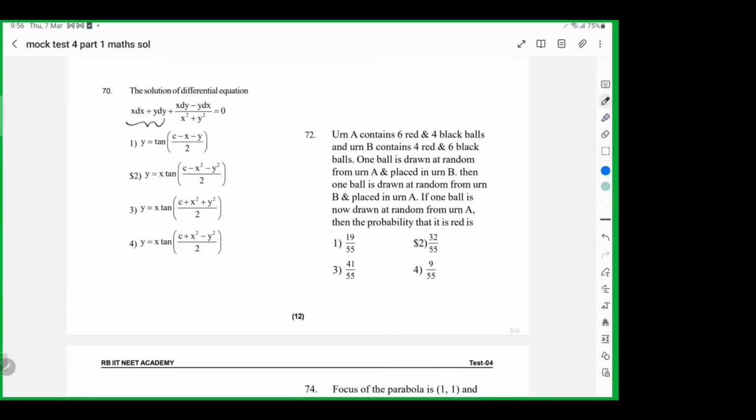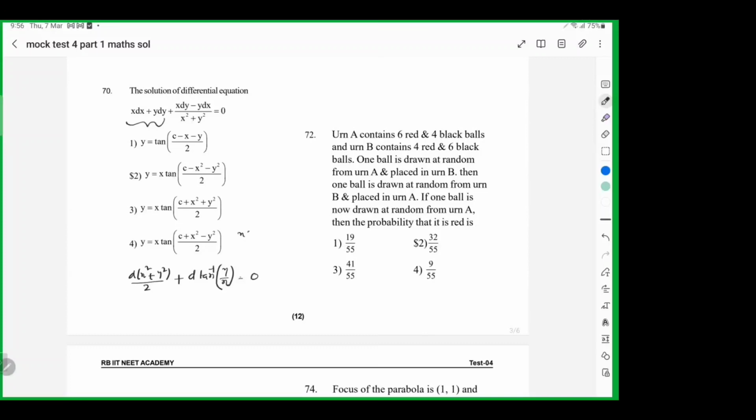Here d of x square plus y square, 2x dx plus 2y dy by 2. This I will write as d of tan inverse y by x is equal to 0. Tan inverse y by x is what you get here: 1 by 1 plus y square by x square.